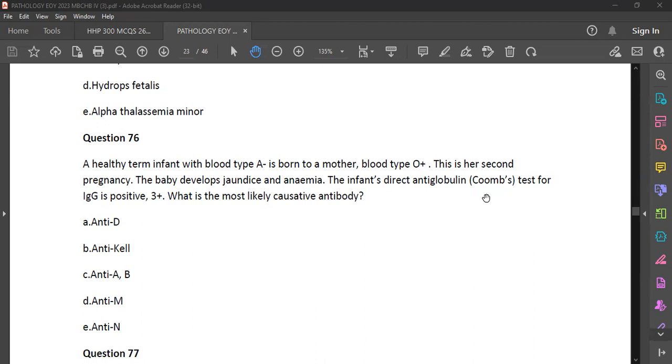If you lack the antigen, you have the antibody. So the mother cannot have anti-D because she has the rhesus antigen D. Yeah. So she can't have anti-D. What does she lack? She lacks antigen A and antigen B, meaning in her plasma, she has antibodies against those antigens. She has anti-A and anti-B.